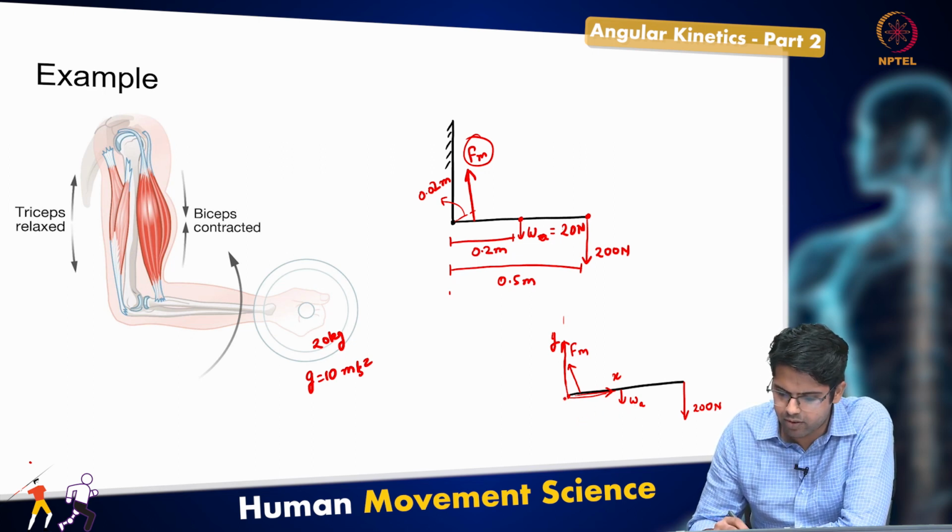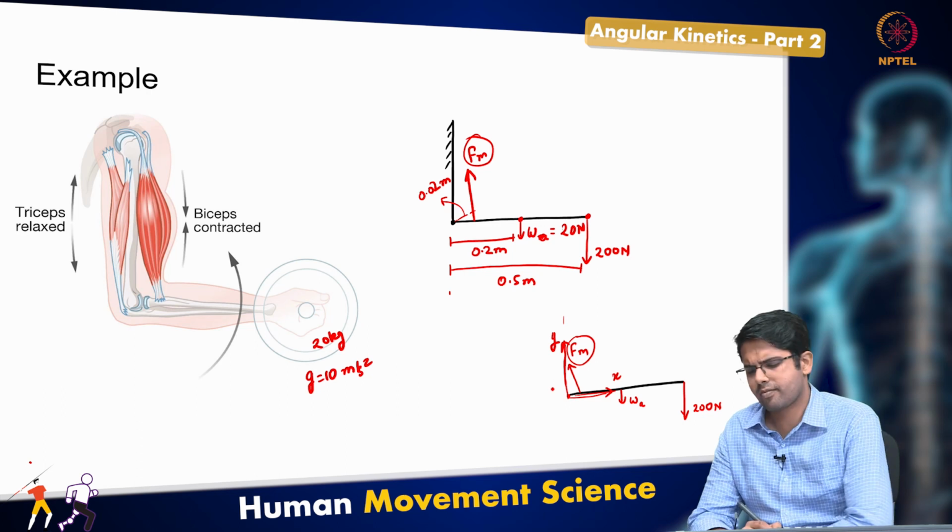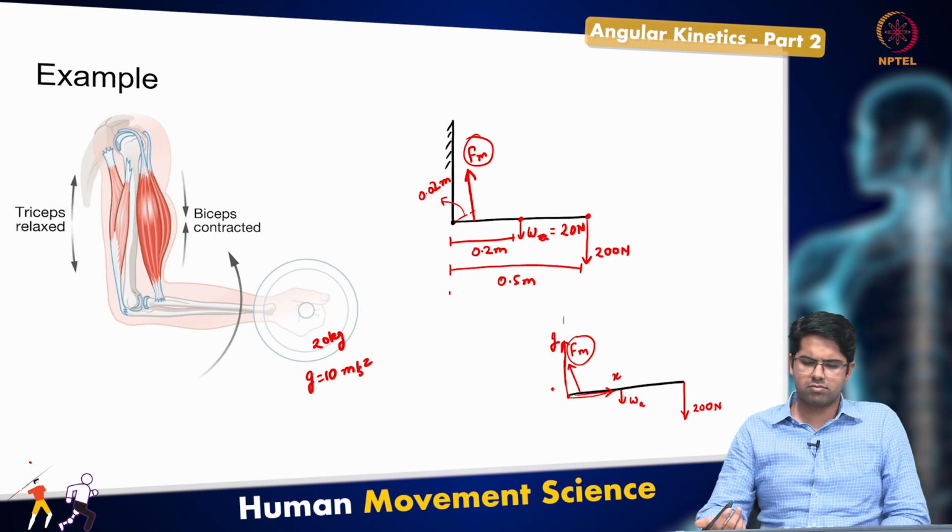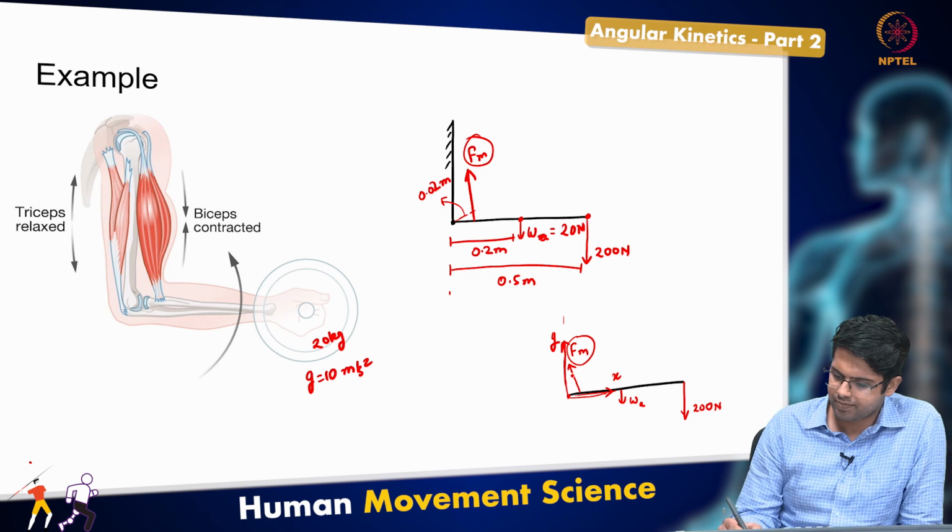Now all I have to do is calculate Fm. There are multiple ways to do it. I could write linear equations, or I could just go into the moment of each force.